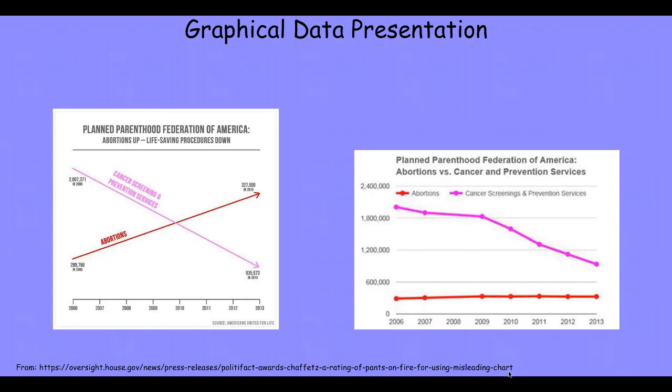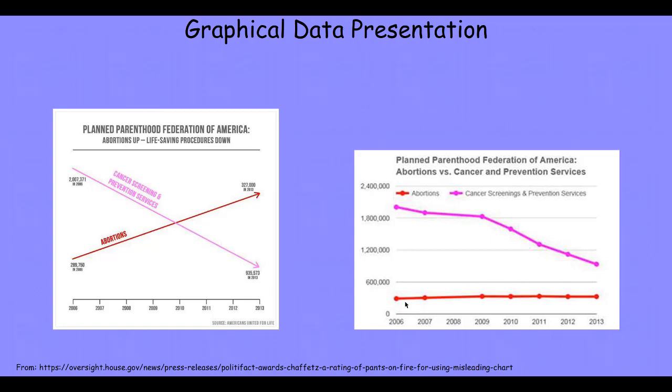A better way of graphing this is as follows. Here we've got our years. We've got our axis here starting at 0 and going up in even intervals of 600,000. When we do that, we see a completely different picture of Planned Parenthood.